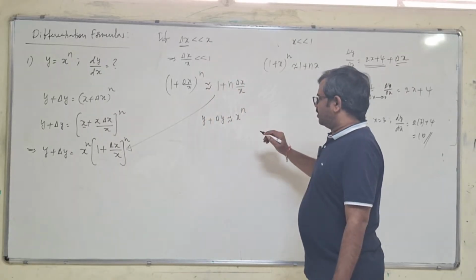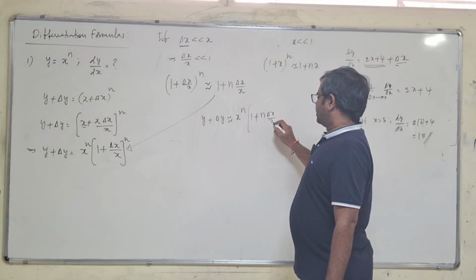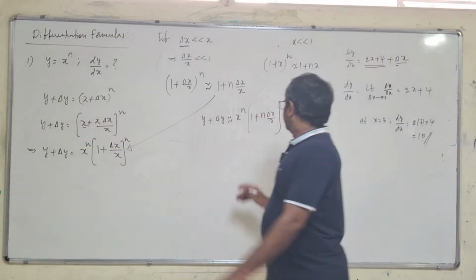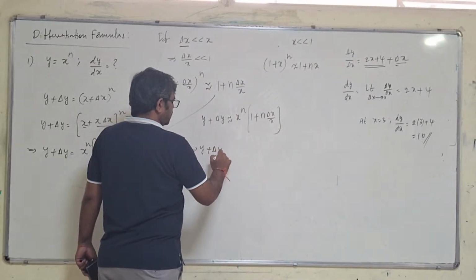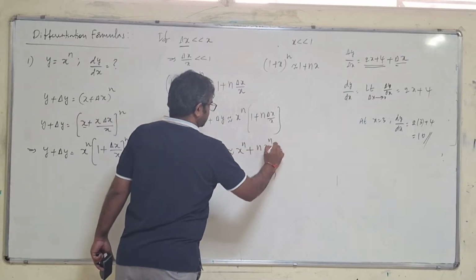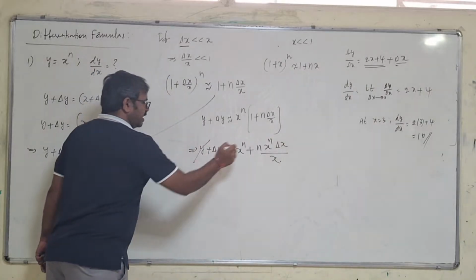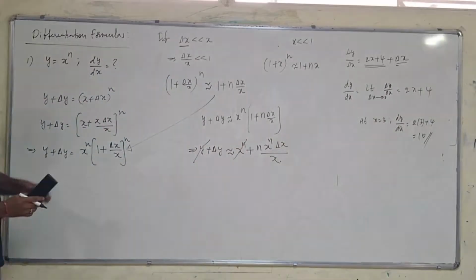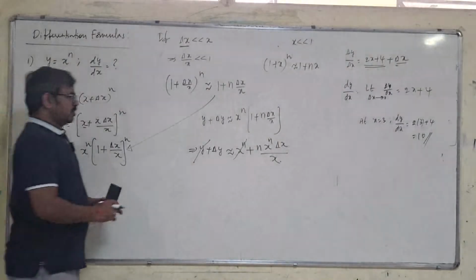You'll get 1 plus n delta x by x. Multiply x power n inside. What do you get? x power n plus n x power n delta x by x. Y and x power n get cancelled because y is equal to x power n. What do you get?